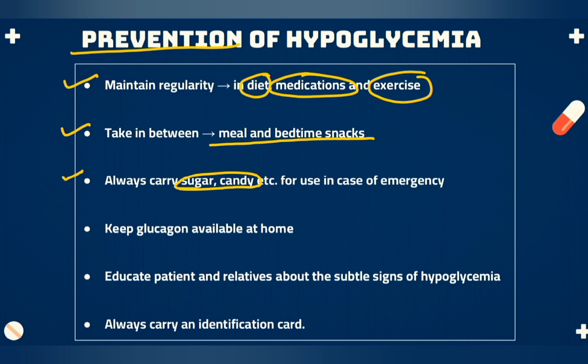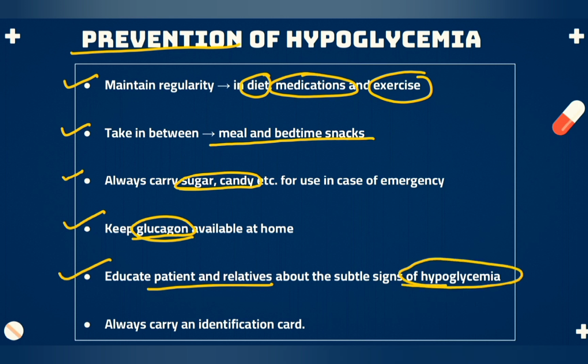If the person is at home, glucagon should always be available at home so that instant treatment can be given. The person with diabetes and relatives can be educated about the signs and symptoms of hypoglycemia so that it can be recognized early and prevented on time.